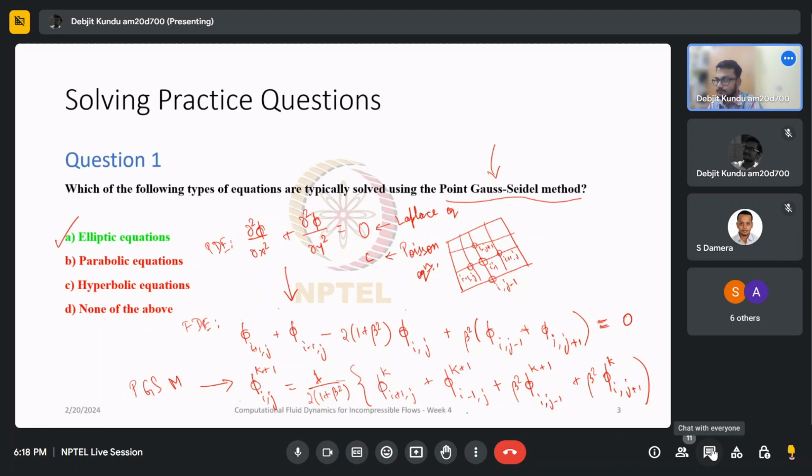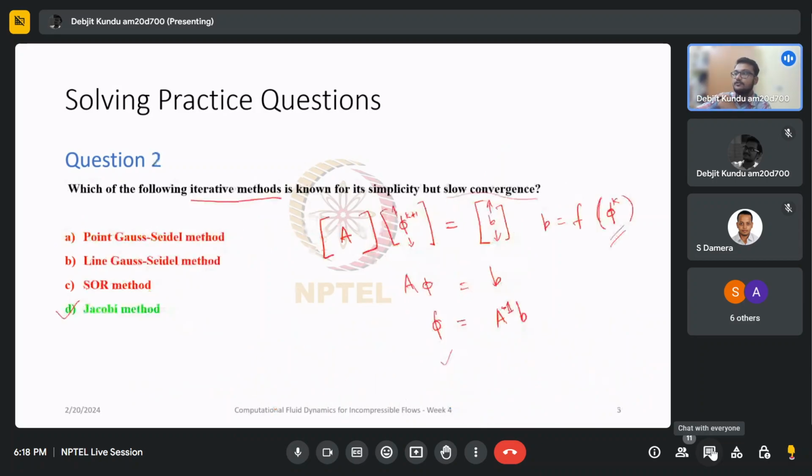This quantity and this quantity we use at the k plus 1th level. So we are already updating those numbers as we are going. Now in Jacobi method, instead of using k plus 1, we simply use those values at the kth level every time. So since we have updated values but we are not using them, the rate of convergence is slower, because we are losing out on important information.